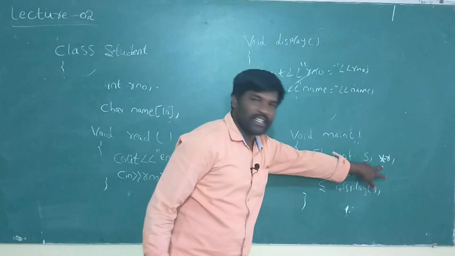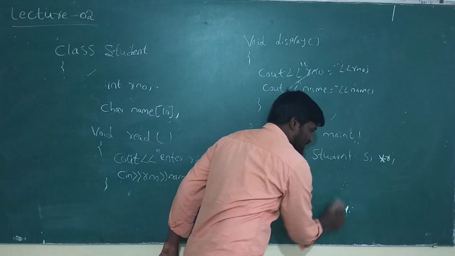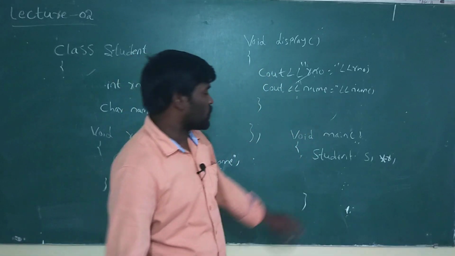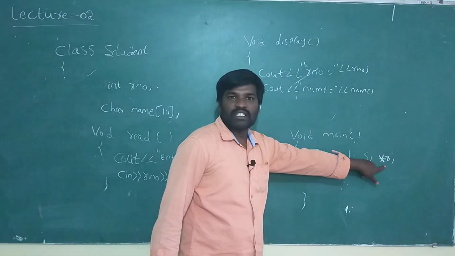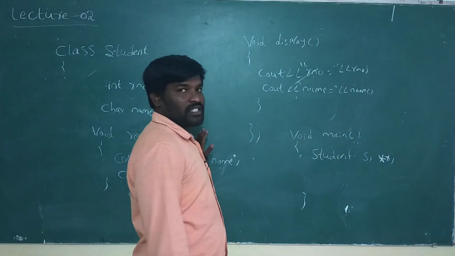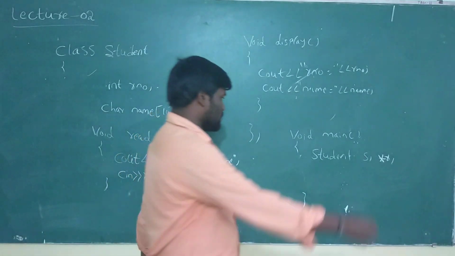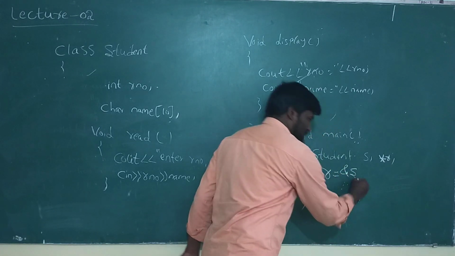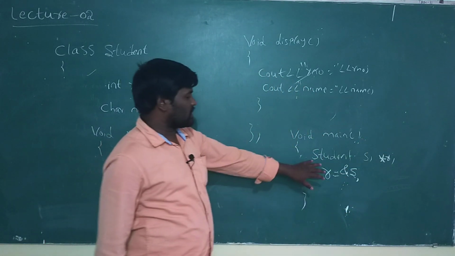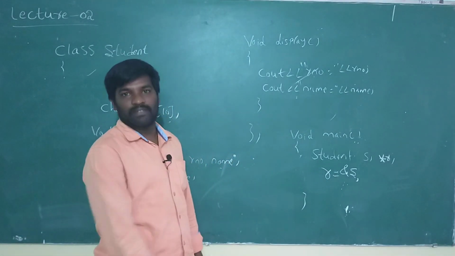Suppose it is a pointer object, first we assign. Don't write s.read and s.display, it is only for the normal object. With the help of the pointer object, we can call the function. Then only the program is pointers to the object. So at that time, first we assign r = &s, because the definition of a pointer says that it holds the address of another variable.